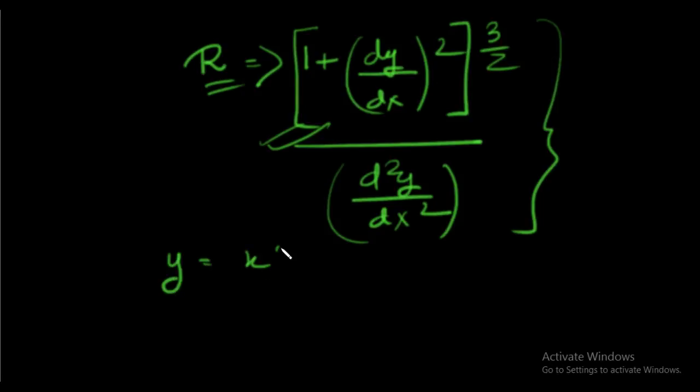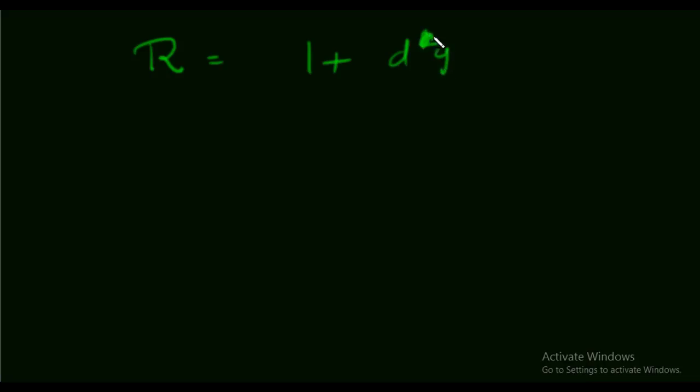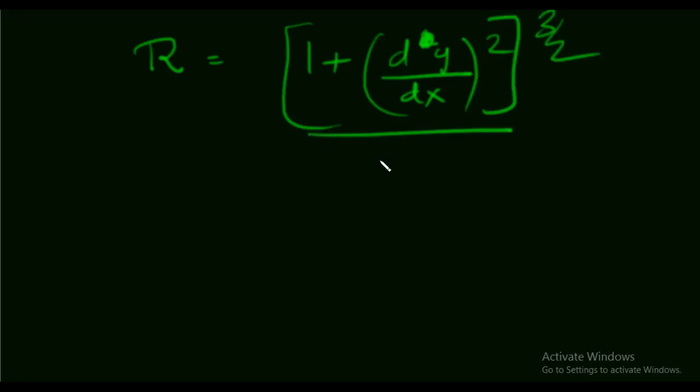For example, y is x tan theta minus g x square by 2u square cos square theta. So just by simple differentiation you can obtain this. Writing down the mathematical expression, this is 1 plus dy by dx the whole square to the power 3 over 2, by d2y by dx2.